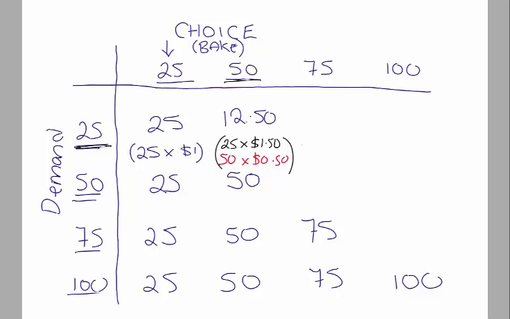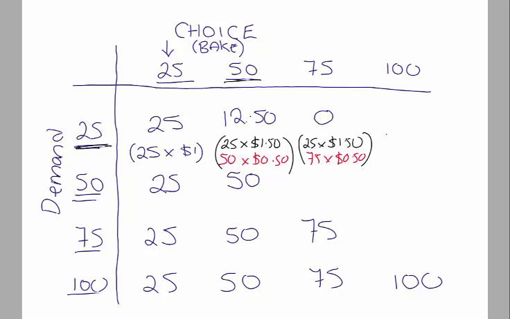On a similar basis to the next column then, demand is still 25, so that's 25 times 1.50 is 37.50, but you now have costs of 75 times 50 cents, which is also 37.50, which means we will make no money.